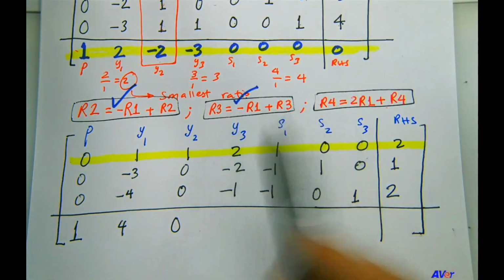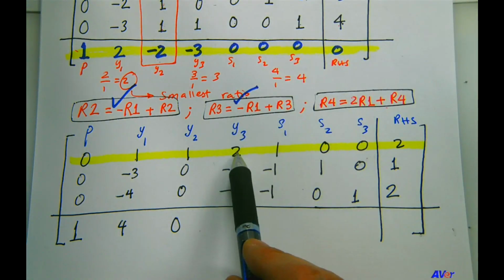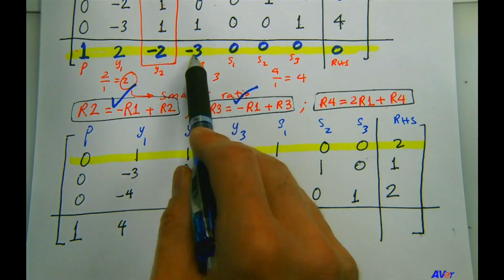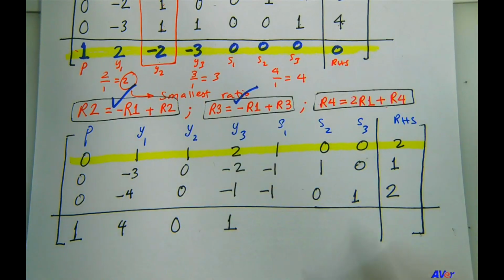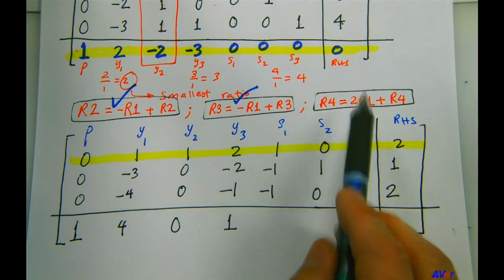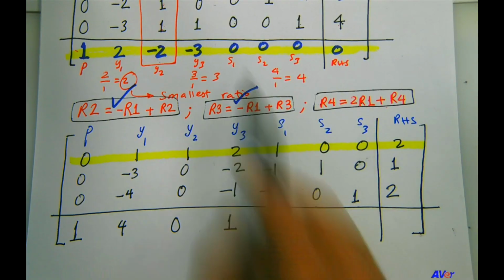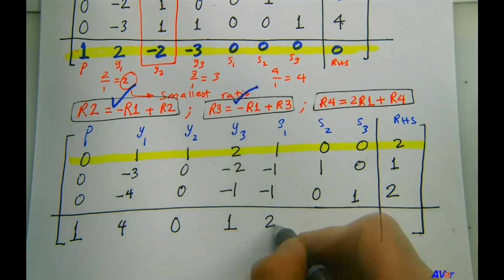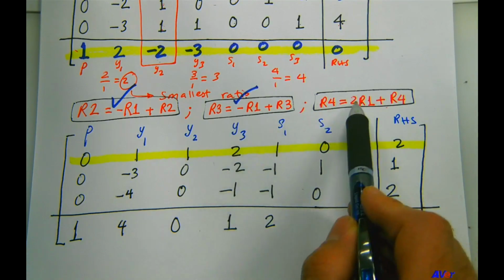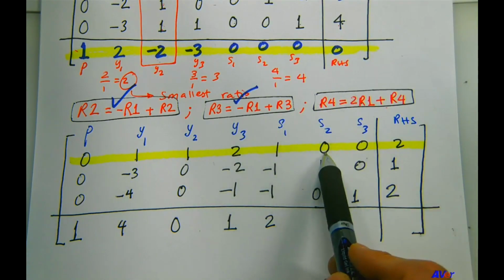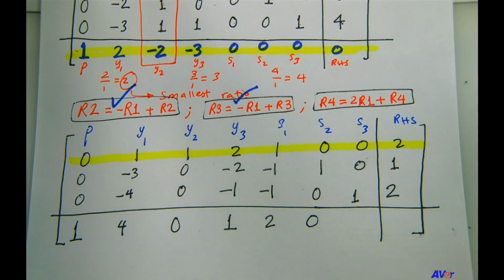Okay, so under s3, 2 times 2 is 4, plus negative 3 under y3, that's positive 1. Under s1, 2 times 1 is 2, plus the 0, 2. Under s2, 2 times 0 is 0, plus this 0 under s2 is 0 again.